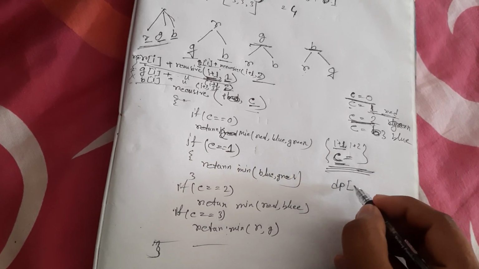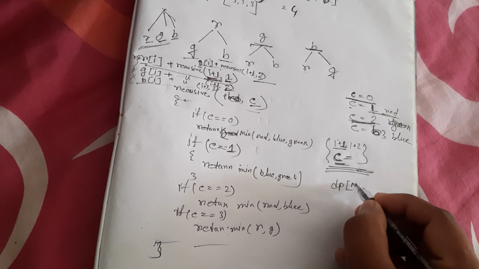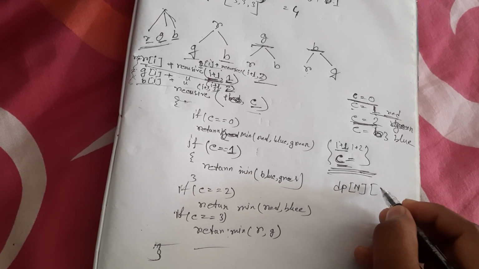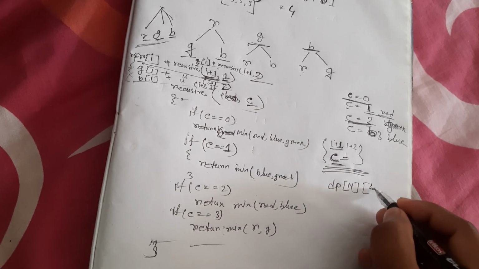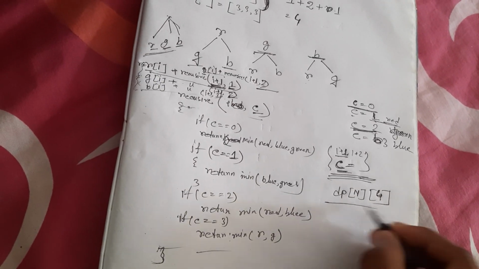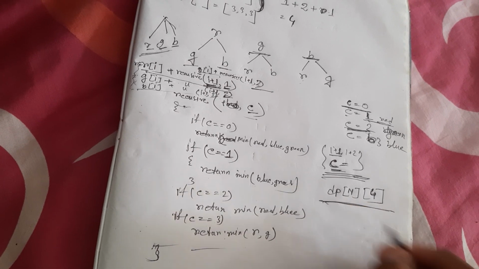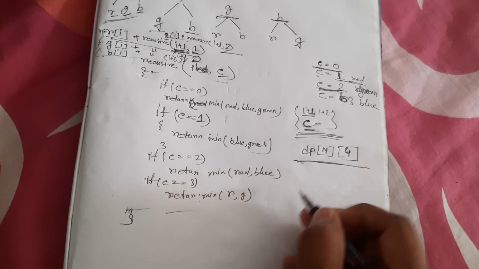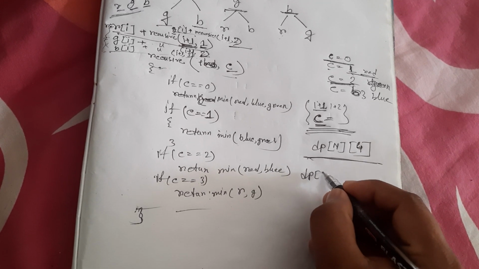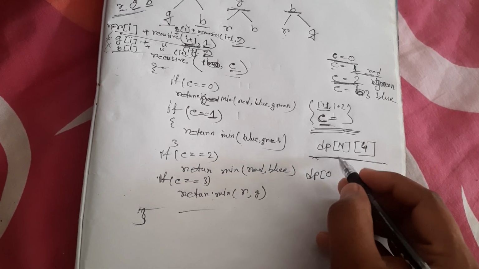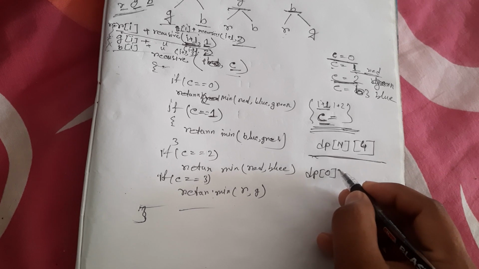For n, let's say it is 4. So this could be a DP array, a 2D DP array. In initialization, you need to check DP of 0, that means for 0 houses.